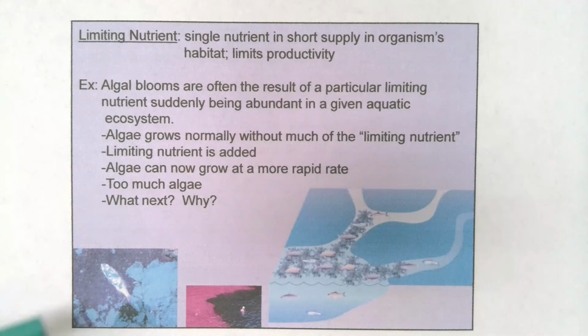Well, what could maybe have been the cause of this? Let's say that this is a pond that is near a golf course, and golf courses like to have really great looking grass for the people that are going to play golf there, so they use fertilizer. Fertilizers contain limiting nutrients, and that's what they are for.